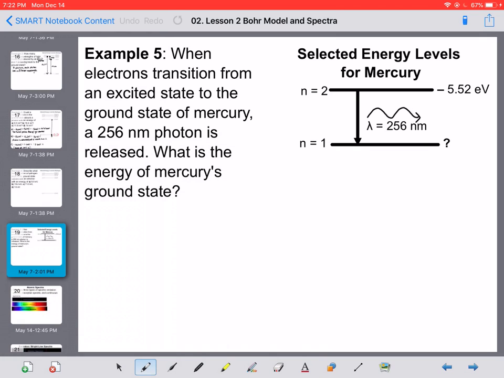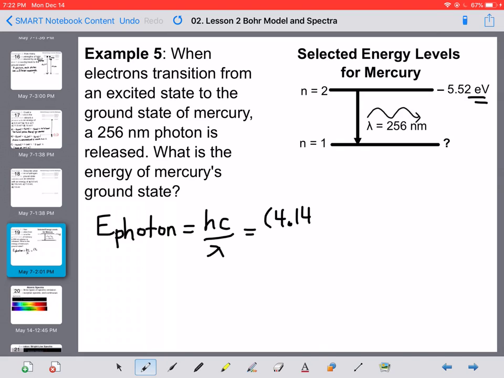So what we're going to do is calculate the energy of the photon. Here, because we're being given a wavelength, we're going to use hc over the wavelength. And because one of the energies is given in electron volts, where we see h, we'll use the electron volts version.